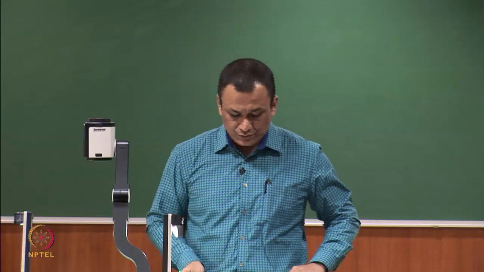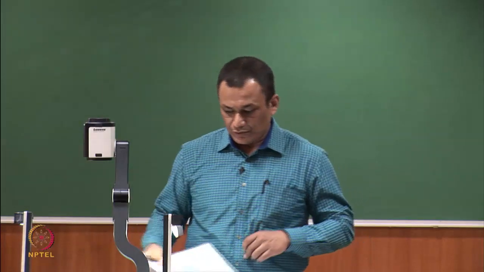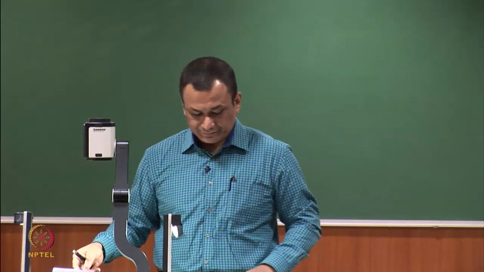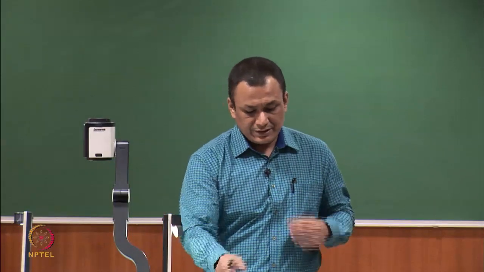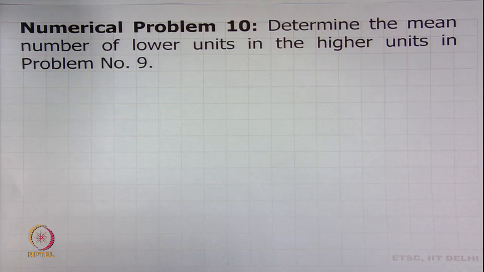Now, we proceed to the last problem, problem number 10. Determine the mean number of lower units in the higher units in problem number 9. So, it is a continuation of problem number 9. So, let us see what is given.